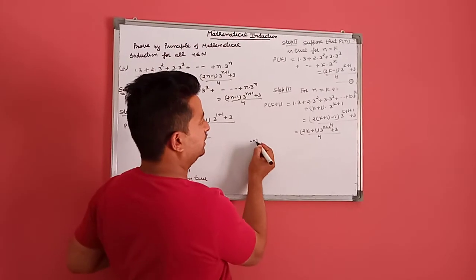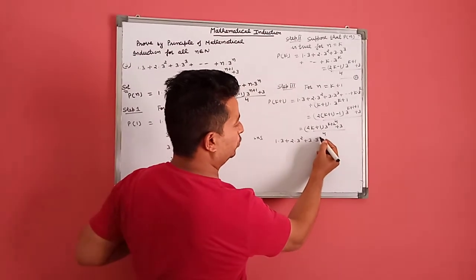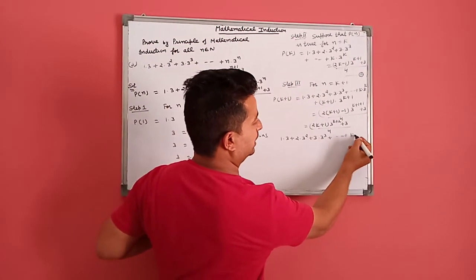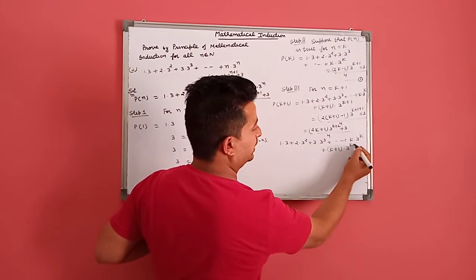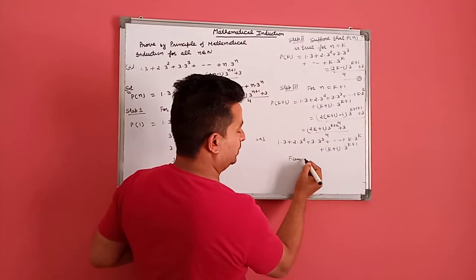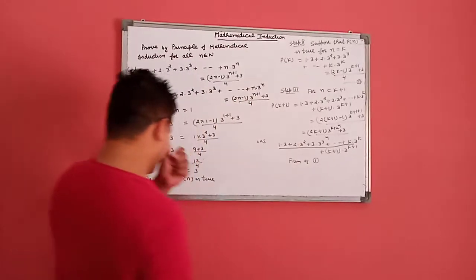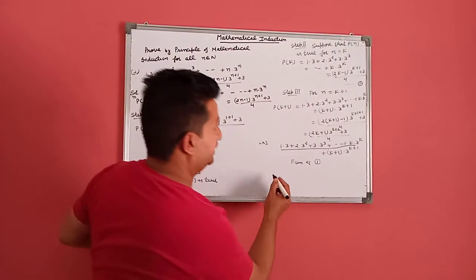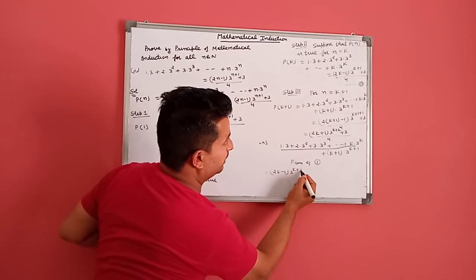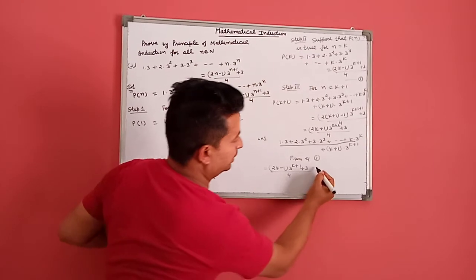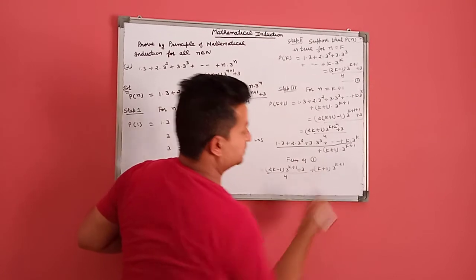For verification, we take left hand side: 1 into 3, 2 into 3 square, 3 into 3 cube, plus k 3 power k, plus k plus 1, 3 power k plus 1. From equation number 1, we put the value of this, which is 2k minus 1, 3 power k plus 1, plus 3 by 4, plus k plus 1, 3 power k plus 1.